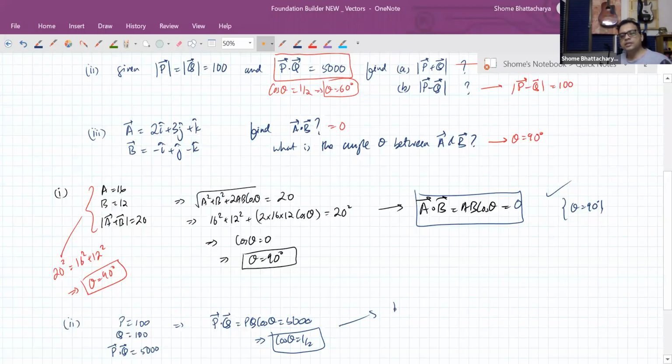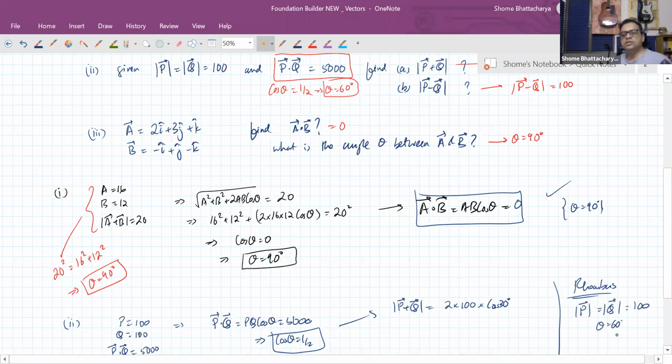and from that we can use this special formula, because here you are having that rhombus formula. Magnitude of P is equal to magnitude of Q is equal to 100, and theta is equal to 60 degrees.